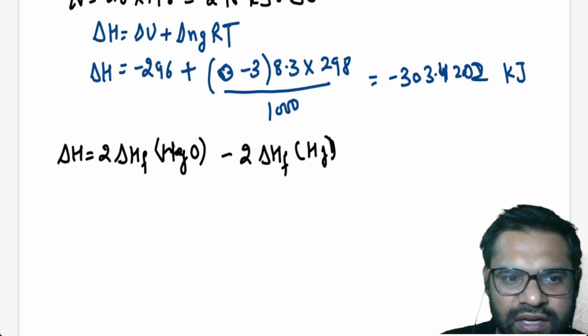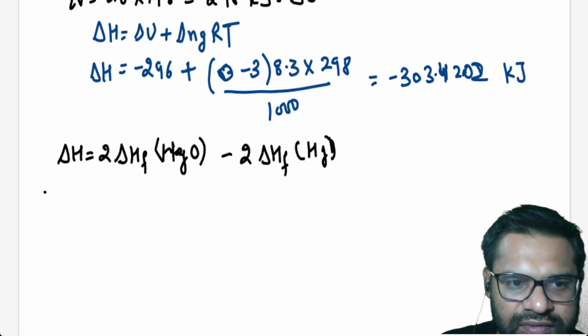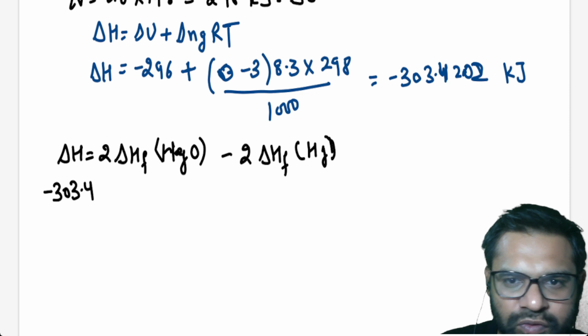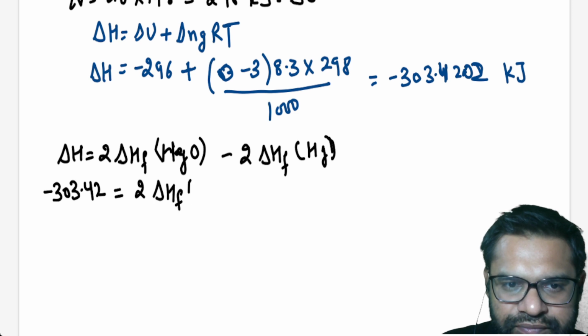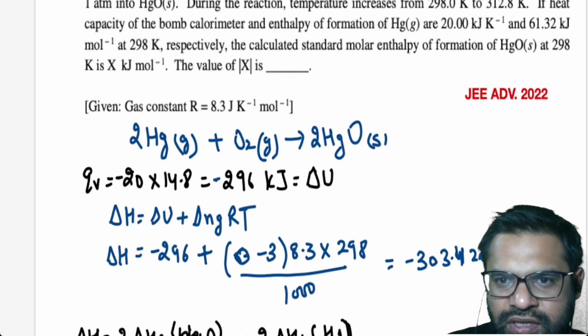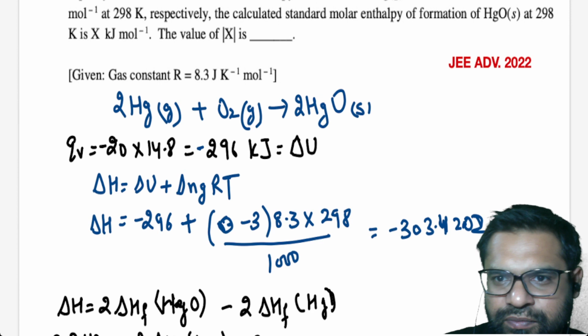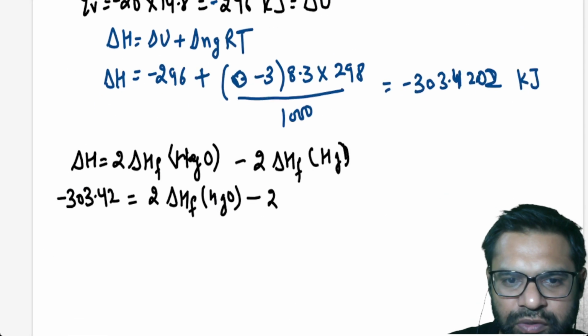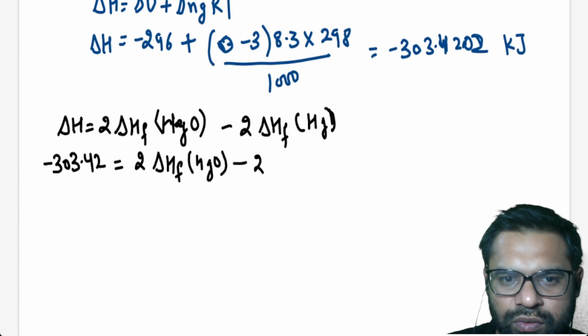So now in the data, delta H, the value is minus 303.42, equals 2 times this value we need to find out, minus 2 times the delta H of formation of mercury, which is given in the question and the value is 61.32. So let me put the value 2 into 61.32.